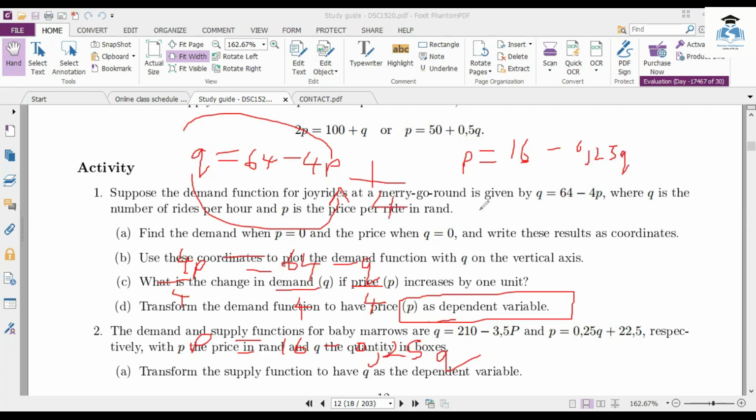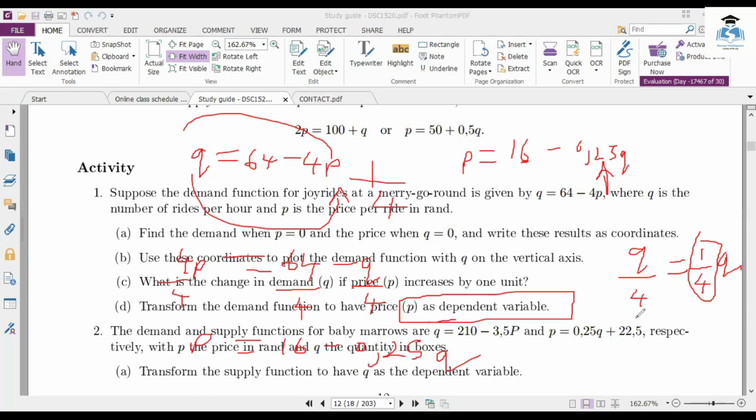A quarter is the same as 0.25. This Q over 4 is the same as 1 over 4 Q, which is this quarter. But would one be wrong if they leave it as Q over 4?